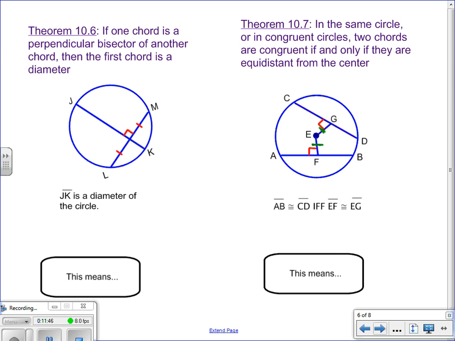So we're going to get AB and CD to be congruent if and only if EF and EG are congruent, if F and G are the same distance away from the center. And that goes backwards as well. If I know my two chords are the same distance away from the center, then I know those chords are going to be congruent, because I can't stretch or shrink and be the same distance away.